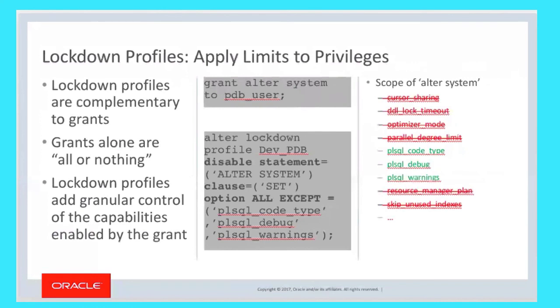In order to revoke a lockdown profile, you have to go to the PDB and set the PDB_LOCKDOWN_PROFILE parameter to null. So PDB_LOCKDOWN_PROFILE equals, with the parentheses, the null string. So it will basically revoke the lockdown profile.